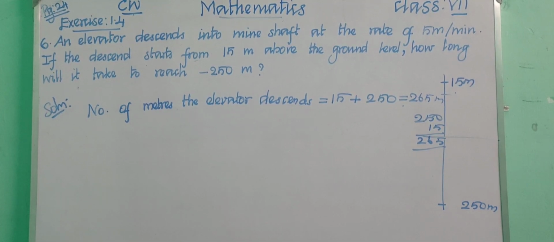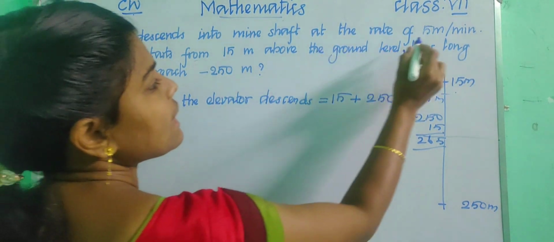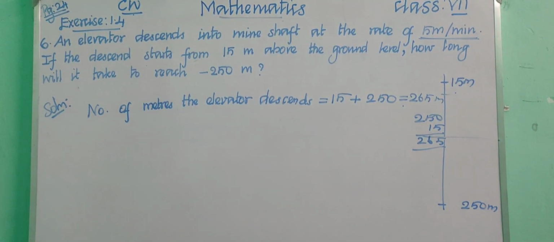Okay, children, and also they had said the elevator descends into the mine shaft at the rate of 5 meter per minute, right? For every minute it is descending 5 meters, so that we can divide and find for every 1 minute. So let us find.